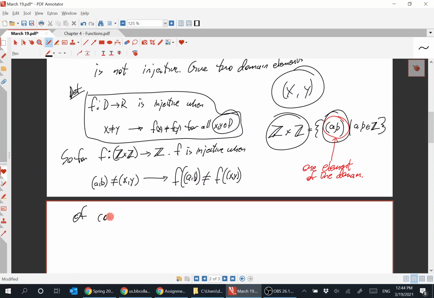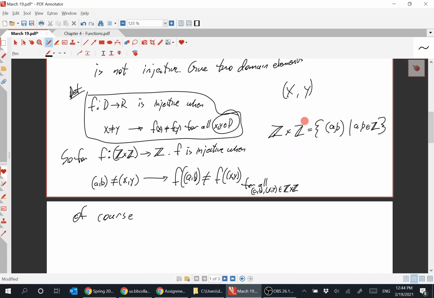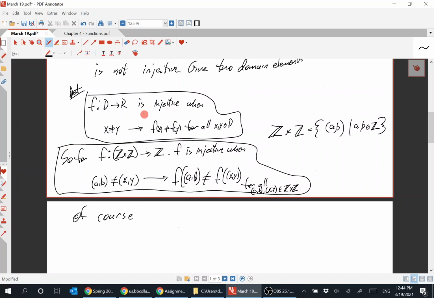And so, of course, for all A, B, comma, X, Y, in Z cross Z. Right, so the definition of injective, abstractly, when applied to this specific function, looks like this.